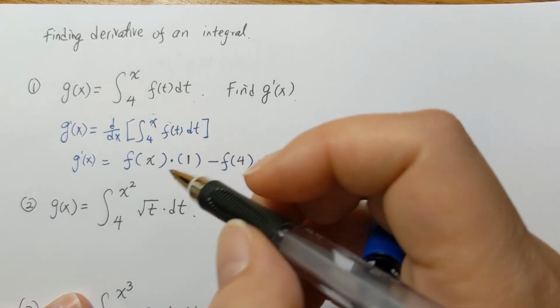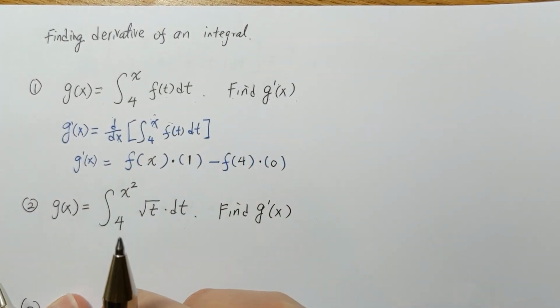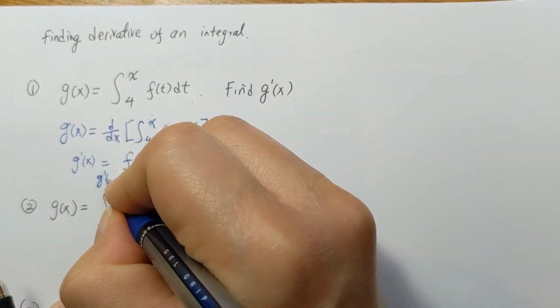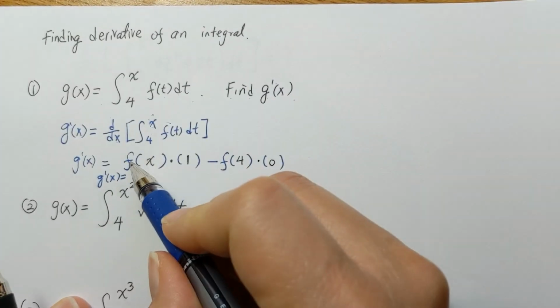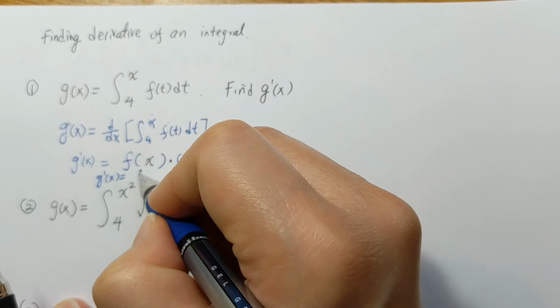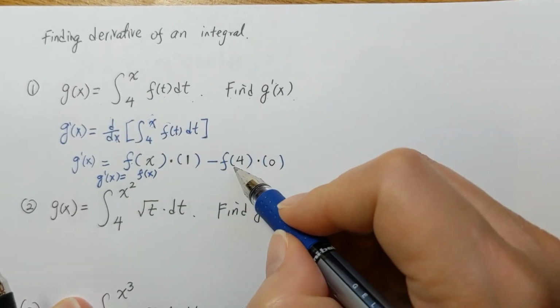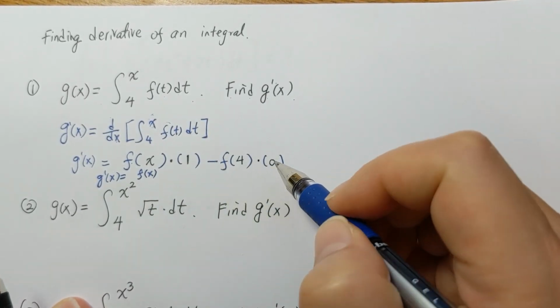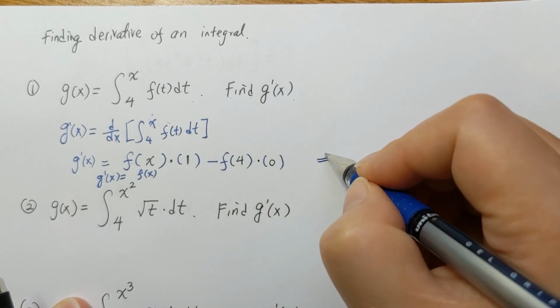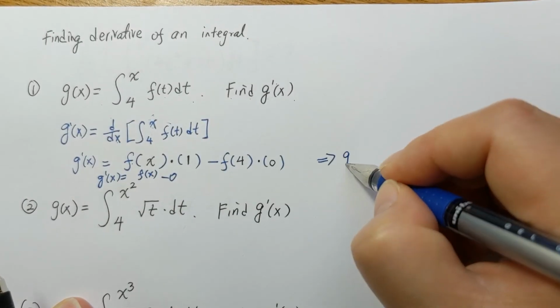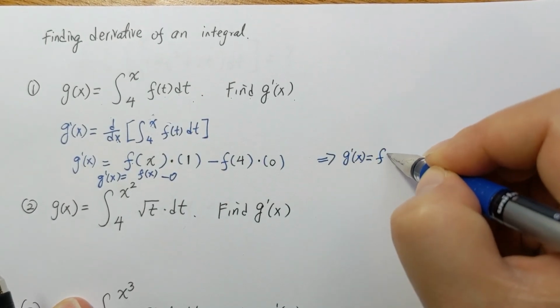Now we're going to simplify. So g prime of x equals f of x times 1, which is f of x. And then f of 4 times 0 is 0. So therefore the final answer is g prime of x equals f of x.